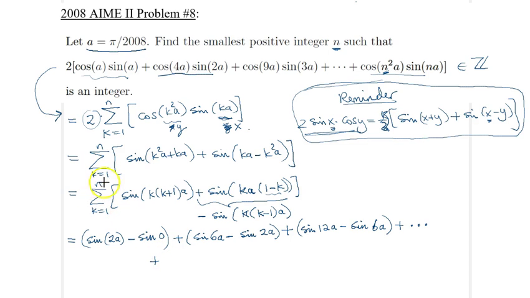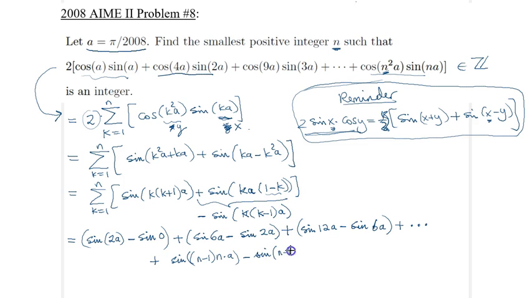So if I go ahead and plug in n minus 1, I will get sine of n minus 1 times n times a, minus sine of, again I plug in n minus 1, so I'll get n minus 1 times n minus 2 times a.